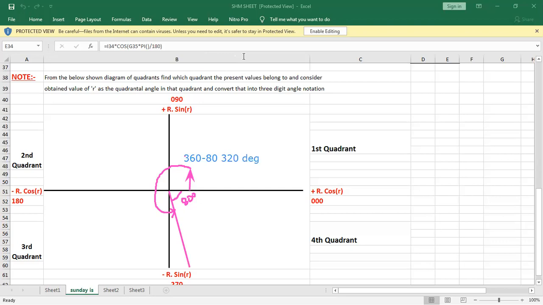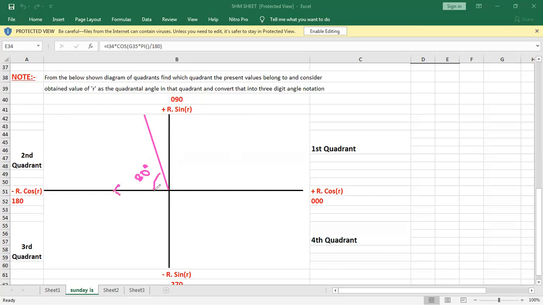Now, if we take an example where r sin r was plus, r cos r was minus, and r came 80 degrees, again it will be 80 degrees like this. This is always measured either from 000 or 180. So here we have only 180.